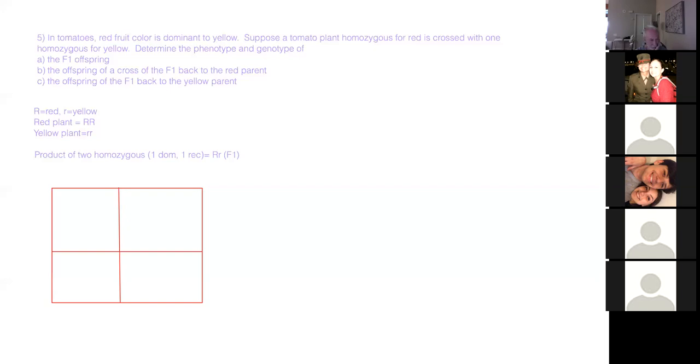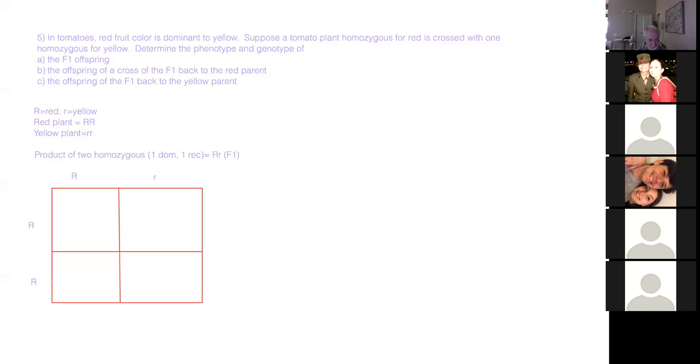So what did I get for my F1s? Big R, little r. Because this is a monohybrid, I'm only looking at one allele per box here. And the red parent was big R and big R, correct?